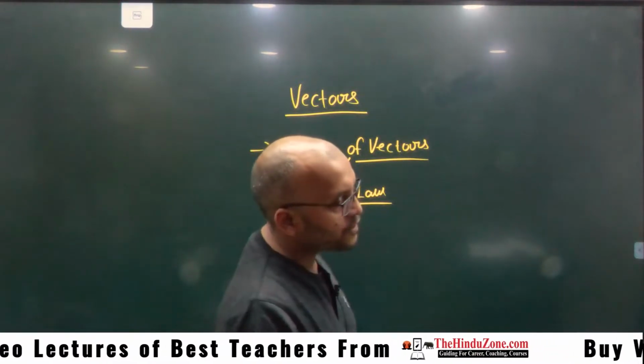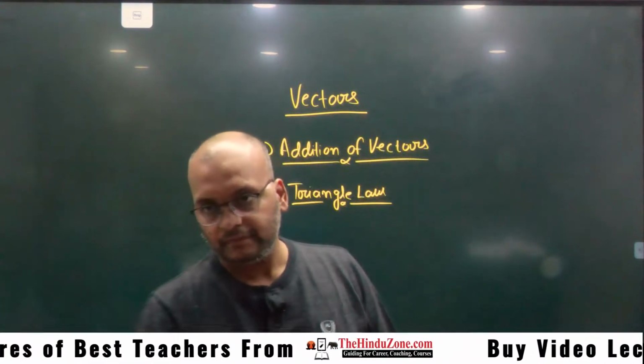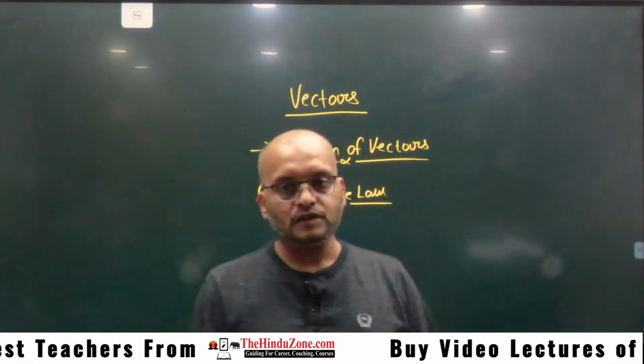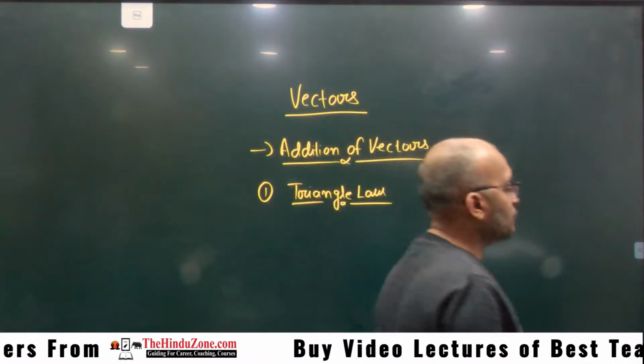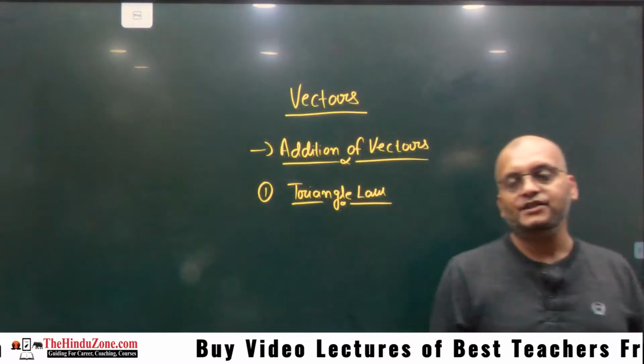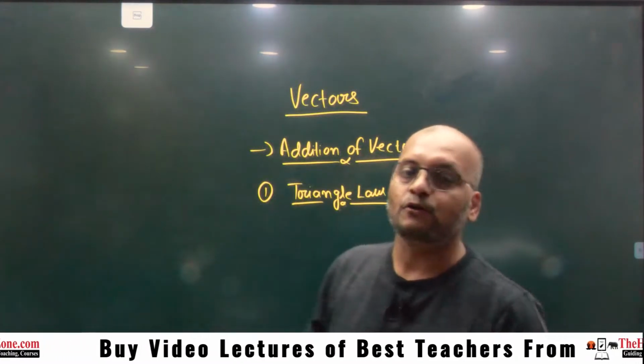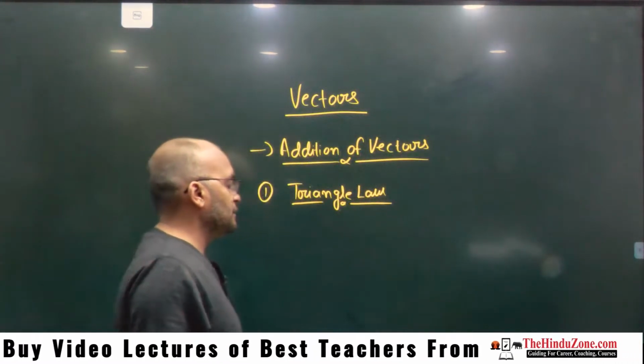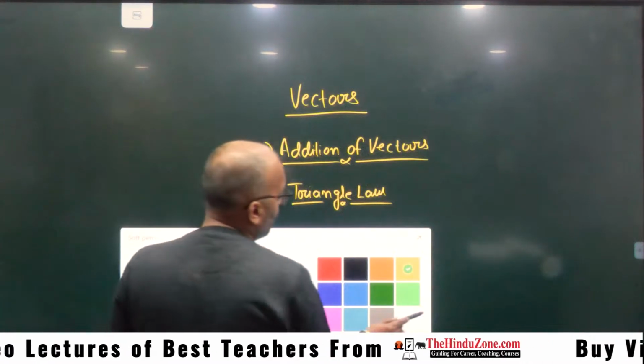So there are two laws for vector addition, right? Two laws are there to add vectors. One is the triangle law of vector addition and another one is the parallelogram law of vector addition. Yes, Shireen, what is the triangle law of vector addition?